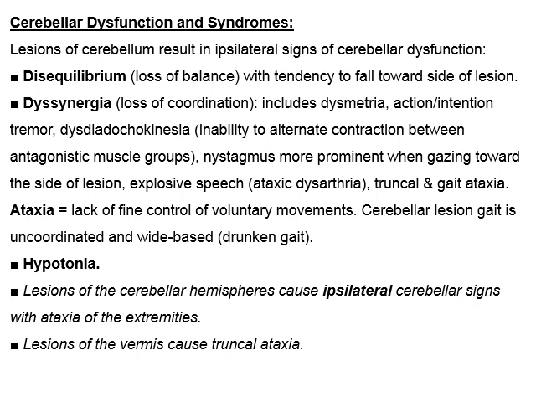So if we have a lesion in the right half of the cerebellum, it will show signs on the right side of the body. These signs include disequilibrium, that means loss of balance, with a tendency to fall towards the side of the lesion. The patient will fall on the right side if the right side of the cerebellum is affected.